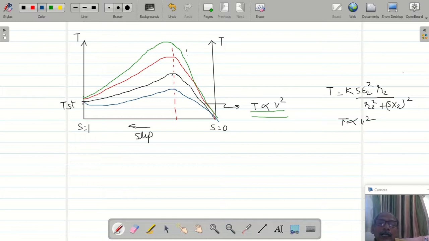Now this is the operating zone. What is happening? Suppose this is your load characteristic. This is the load torque TL. So comparing with the load torque, you are getting this slip. Clear?